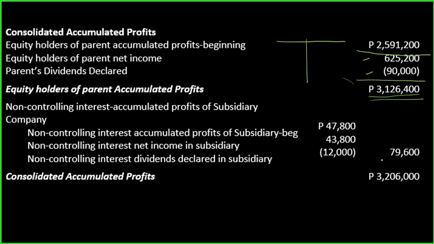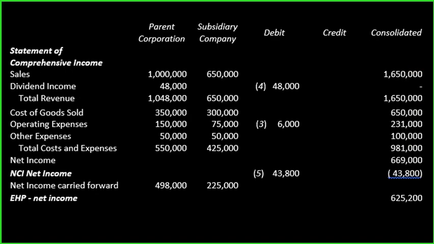Siguro ito papakita lang natin sa statement of consolidated retained earnings, no? Pero most of the time, hindi natin pinapakita to eh. Why? Because this is already a component of your minority interest, okay? Because in your balance sheet, ayan, na-compute na.